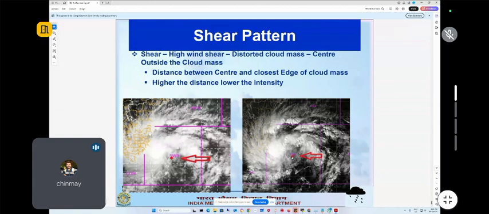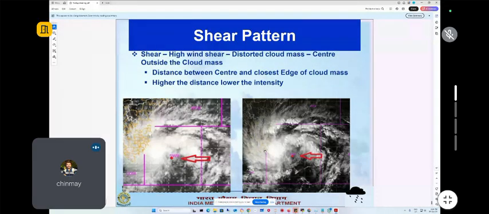So even though the center will still be here, the Tamil Nadu coast would have already started experiencing very heavy rainfall, because of this cloud mass. So many times it happens that the IMD will say that the center is say 400 kilometers away, or 200 or 500 kilometers away from the coast, but there would be already intense rainfall occurring over that particular region.